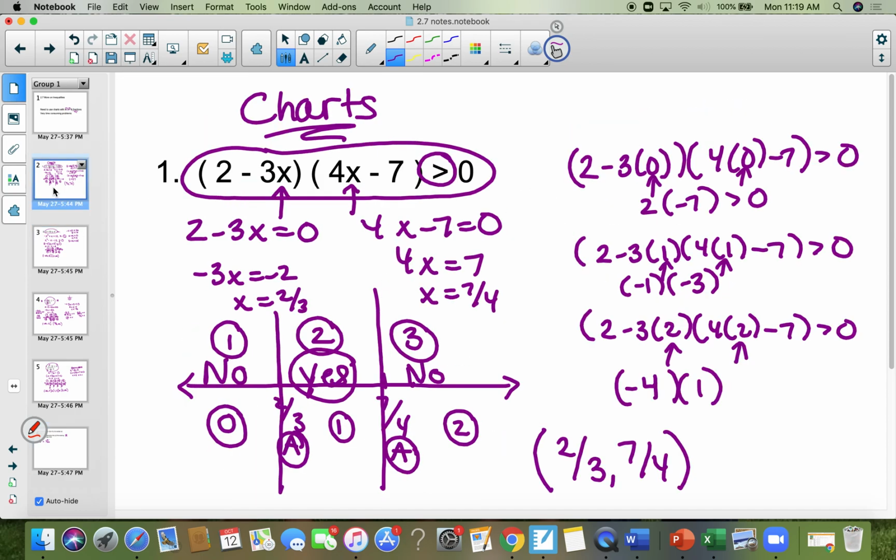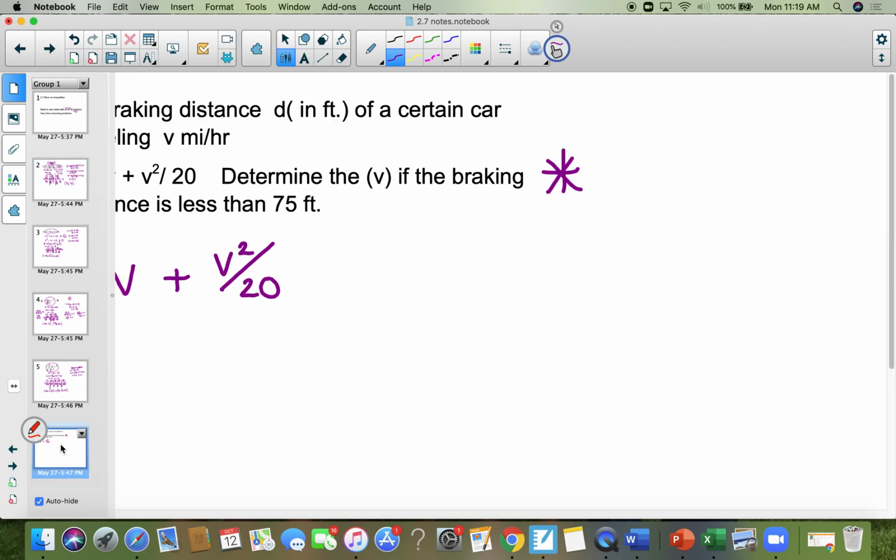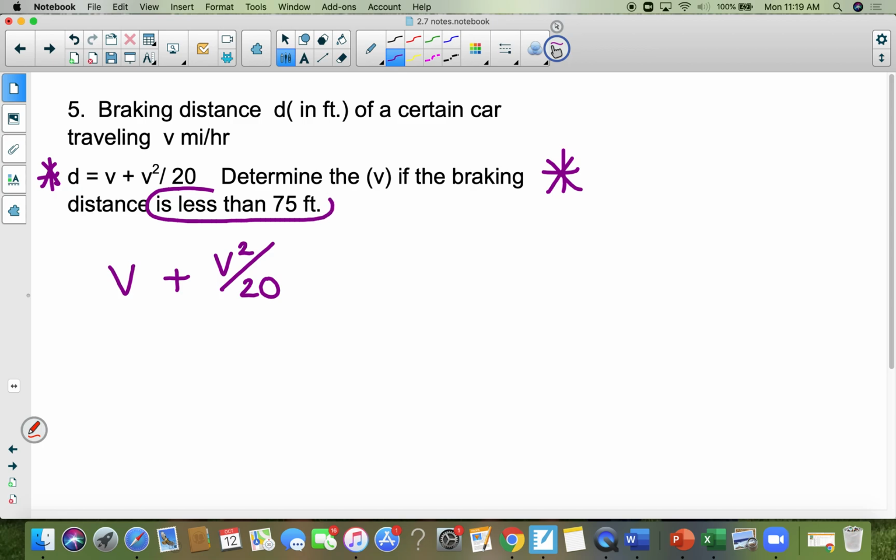Do you see how it's already written down with the inequality? The only thing different is you have to, is less than 75. The distance is less than 75. So you're just going to put less than 75. It might say less than or equal to 75, and then you would have to put a less than and equal to sign. So that's the only difference.